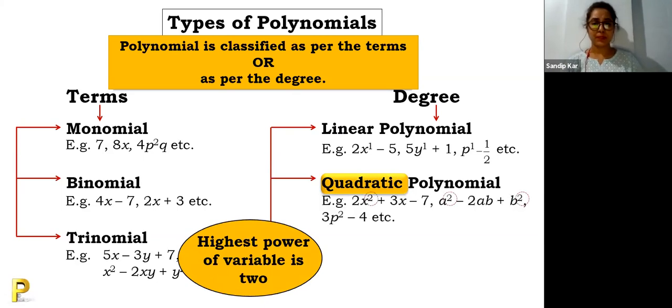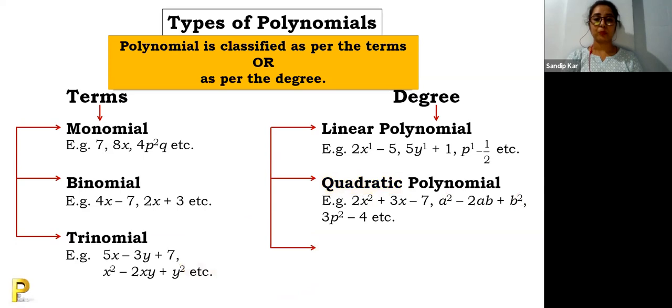The examples are 2x squared plus 3x minus 7, where 2 is the highest power. Next, a square minus 2ab plus b square, so 2 is the highest power. In the next example, 3p square minus 4, 2 is the highest power.